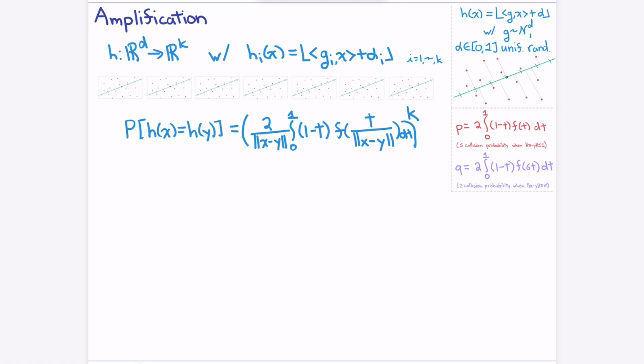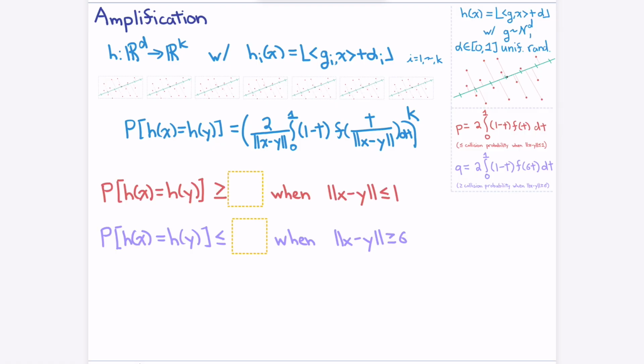In terms of the original p and q from before, when I have things that are close by, what are the odds of them colliding? It's at least p to the k.